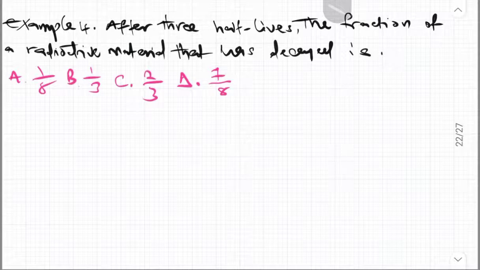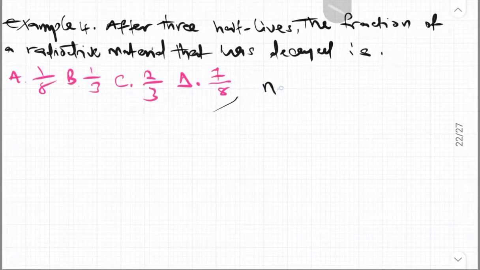Okay, so example 4. Check this out and try this out first. After 3 half-lives, the fraction of a radioactive material that has decayed is... Okay, after 3 half-lives, so solution.